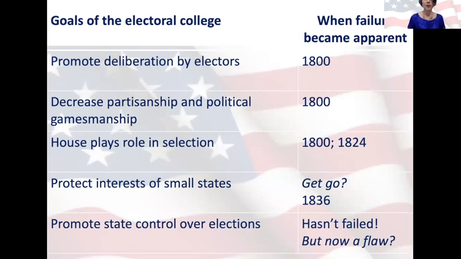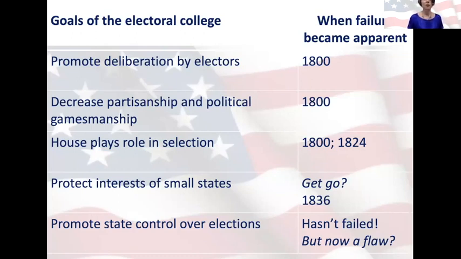Fourth, the Electoral College was intended to protect the interests of small states. But as Jeanne described for you, it does not actually do that. And indeed, perhaps it never did that at all.